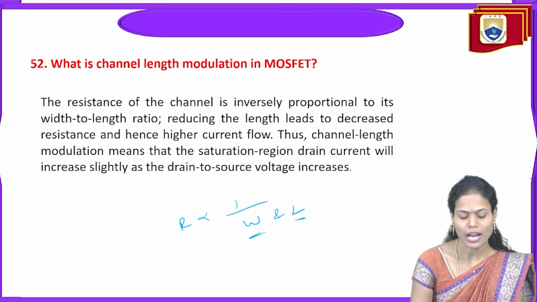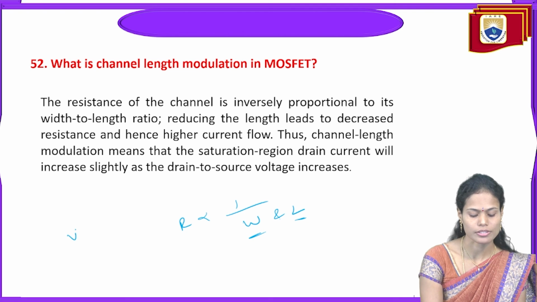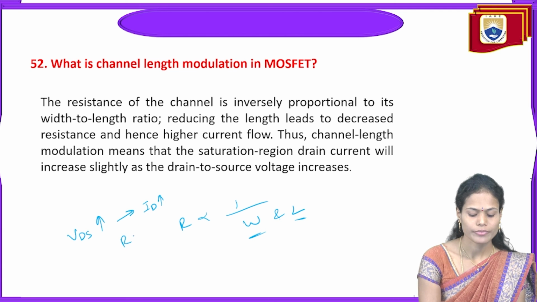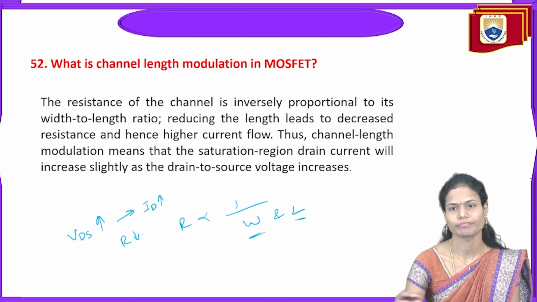That is channel length modulation: the saturation region drain current increases slightly as the drain to source voltage increases. When the VDS voltage is increasing, the drain current is also increasing. That is due to the reduced resistance of the channel.